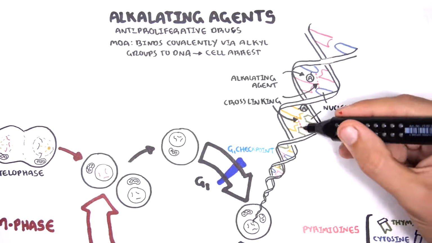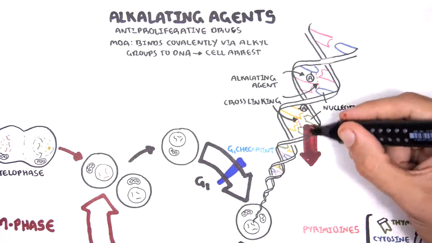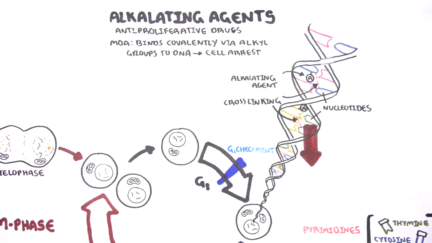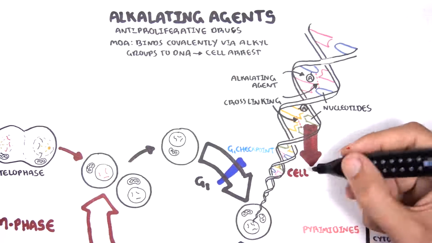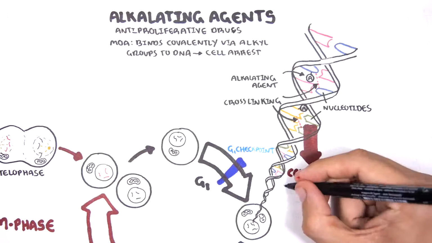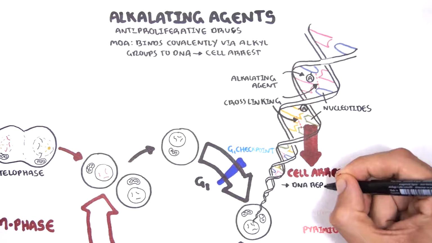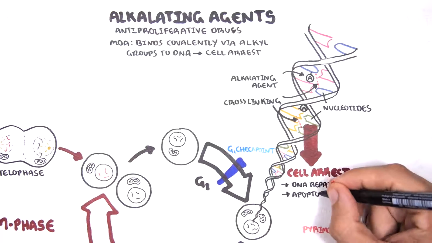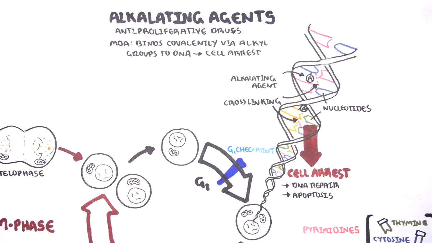Broken or cross-linked DNA is intrinsically unable to complete normal replication or cell division, so they undergo cell arrest. They stop. Because they are in cell arrest, the cell will then either be repaired so it can progress through the cell cycle, or the cell will undergo apoptosis, basically dying.